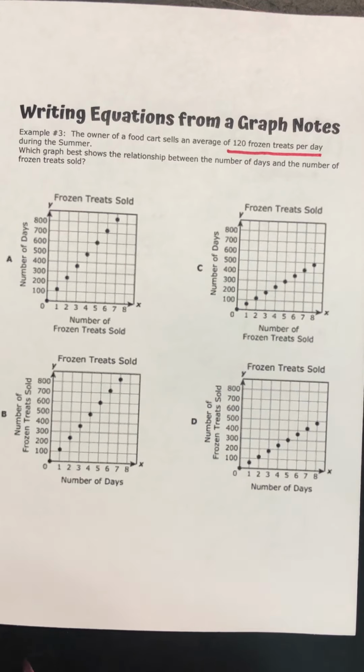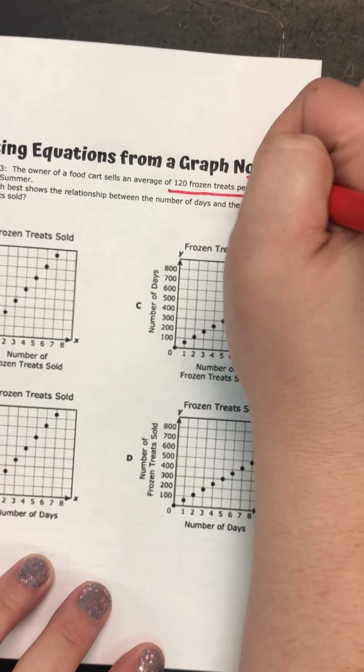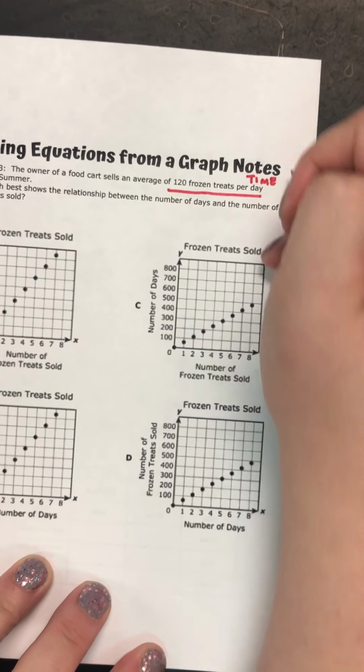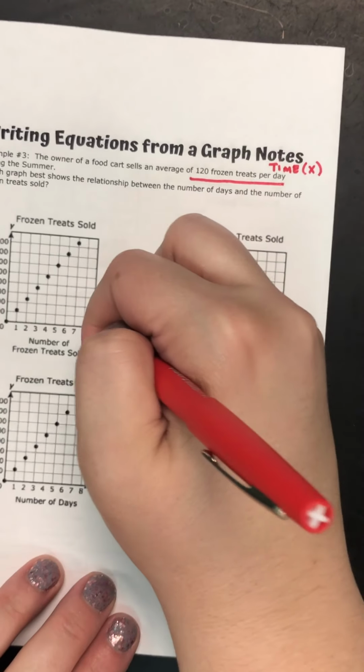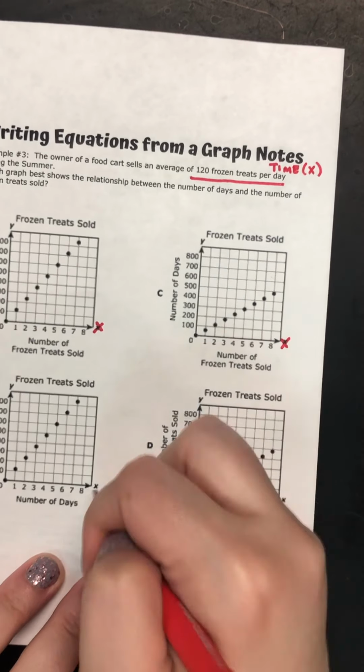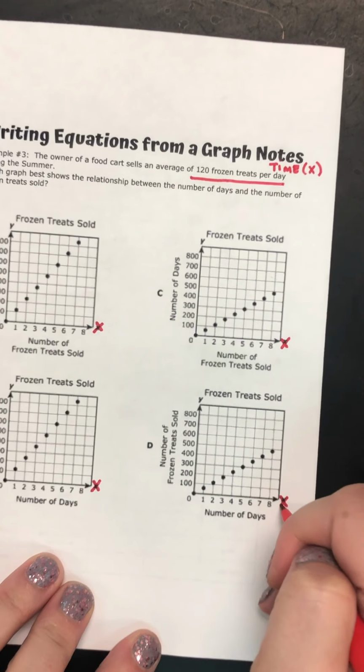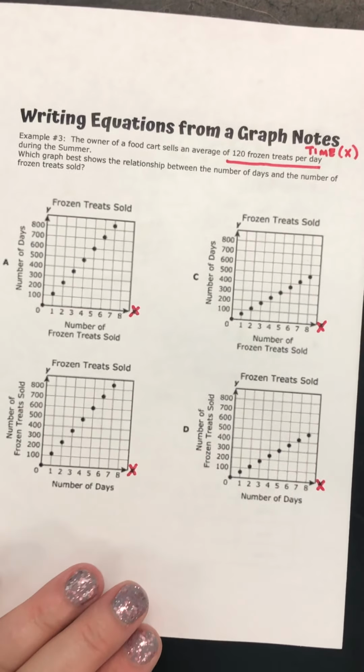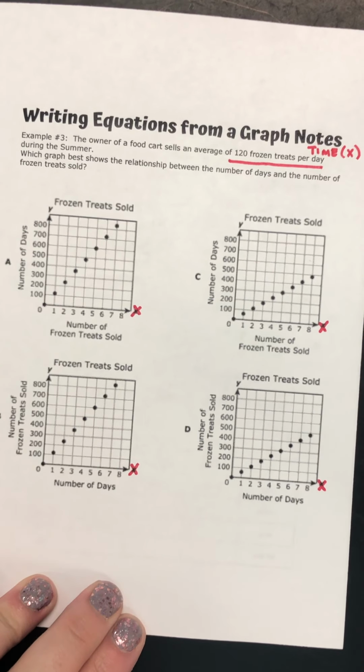Okay, so we do have time, right? Days is time. So remember, time is always going to be on your x-axis. So I want to make sure first that time is written on my x-axis.